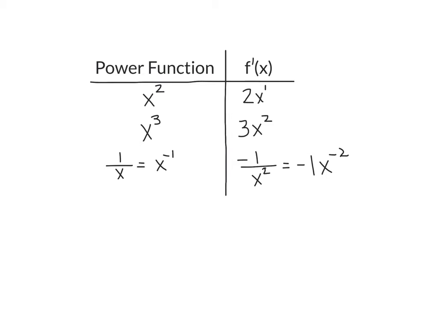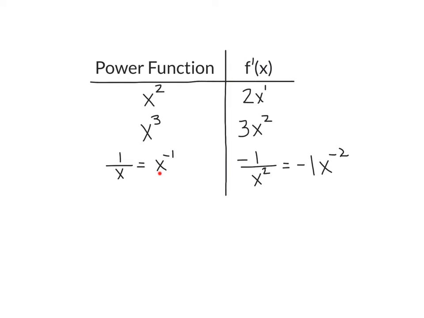So take a look in the first power function x squared. We can find the derivative by moving the exponent down in front of the x and writing it as a coefficient, 2. And then we subtract 1 from the exponent to give us 1. Same thing with the power function x cubed. We take that exponent, bring it out in front of the variable, making it a coefficient, and then we subtract 1 from the exponent to give us a 2.